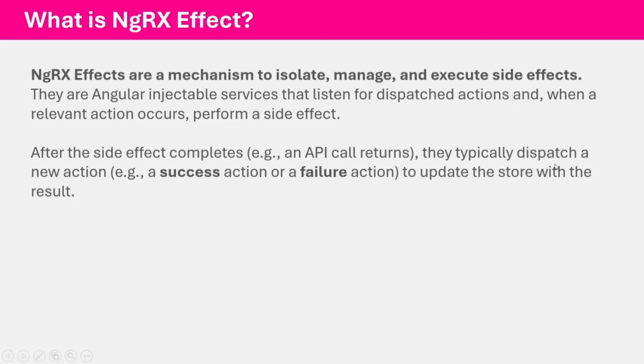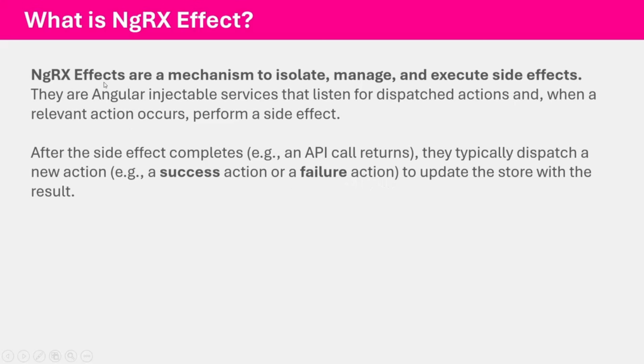So another point which you need to remember here is that the NgRx effect does not update the state directly. Instead, once it has handled an action by doing some side effects, it dispatches another action. And when that action is dispatched, it will be handled by the reducer, which in turn will update the state.